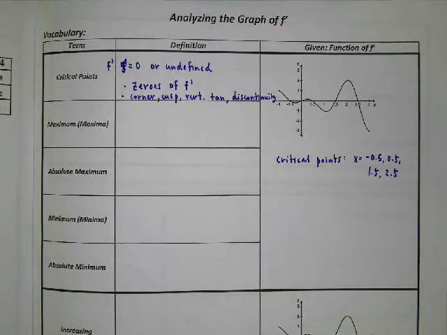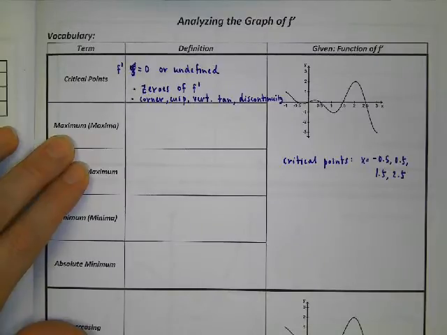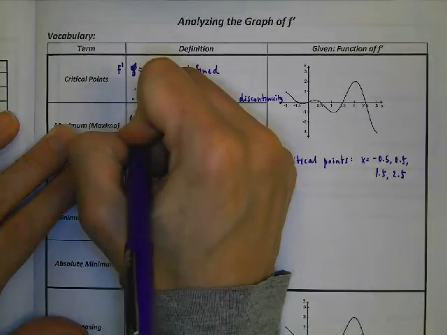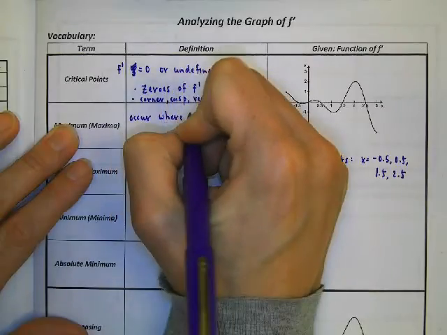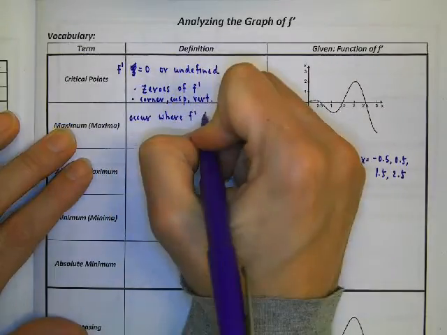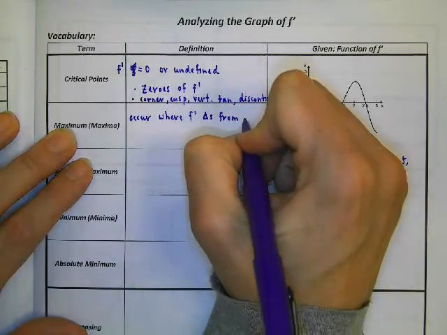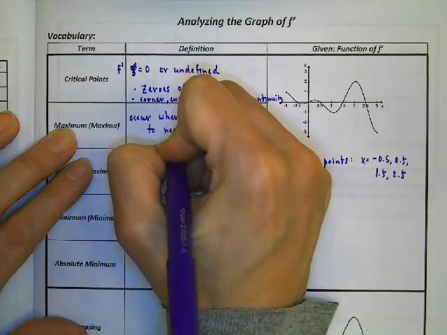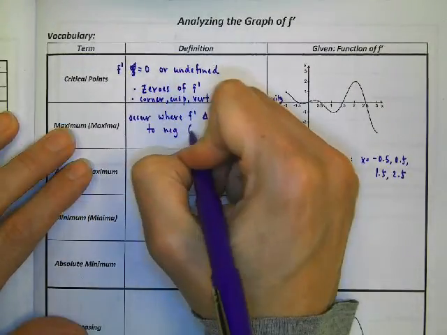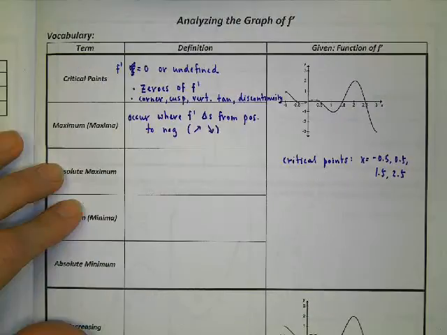So now we're going to look at our maxima. And we knew before that maximum values occur where f prime changes from positive to negative. So before, when we were doing our tables, we were looking for where we changed again from positive to negative.